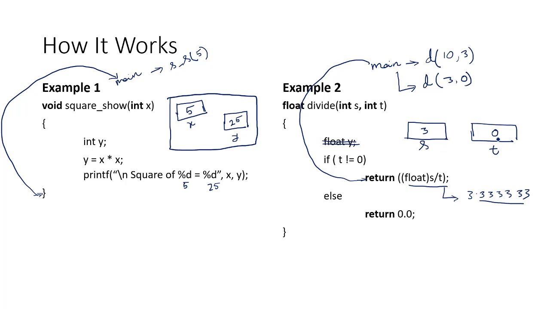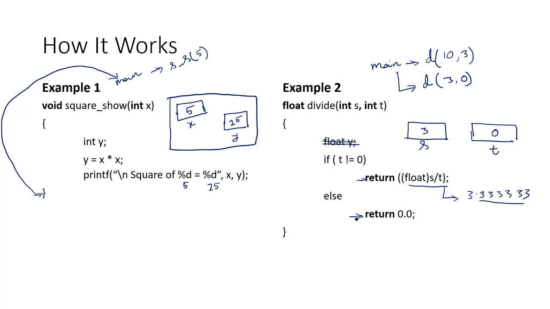Now, t not equal to 0 is false right now, so it will go to the else part. In the else part, we are returning the 0.0 value to the calling function, which is the main function.